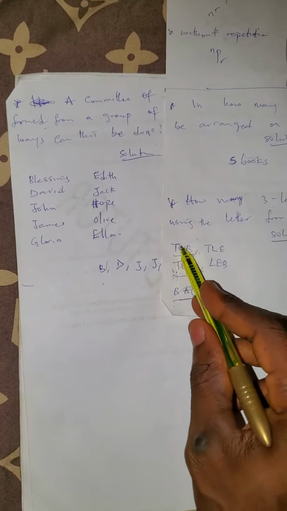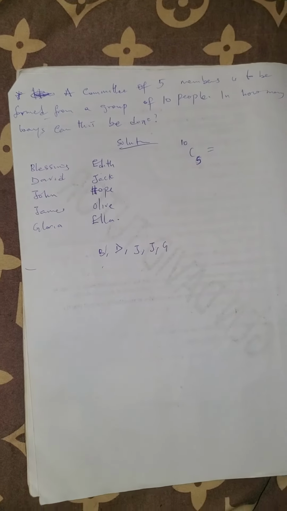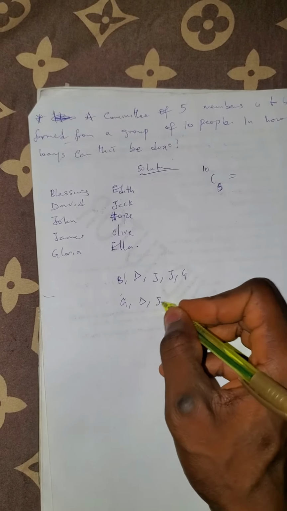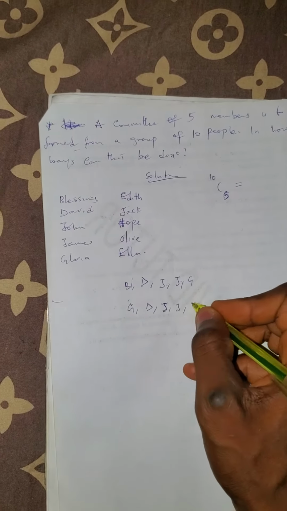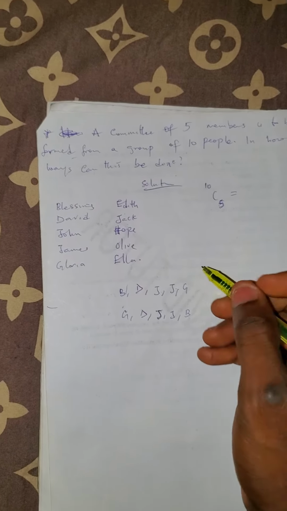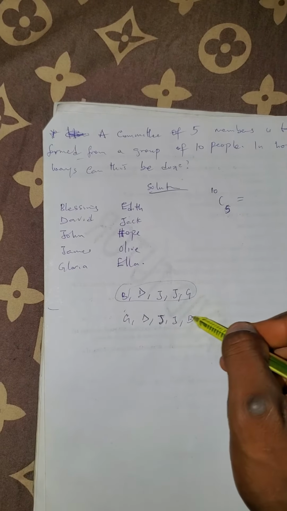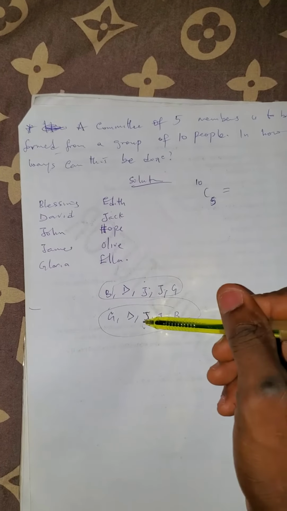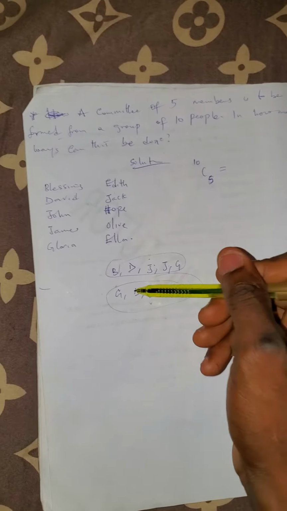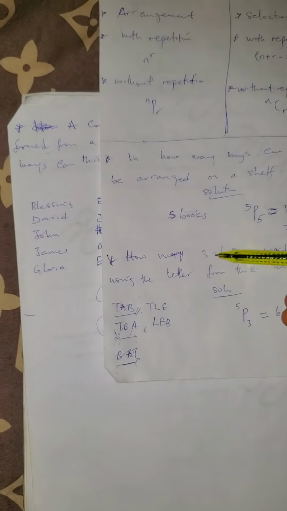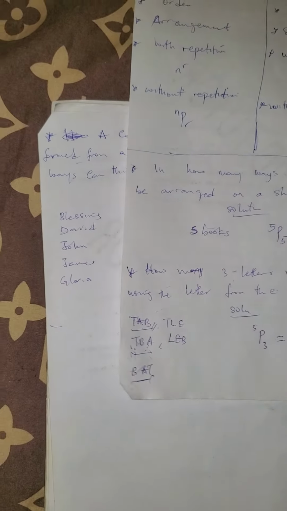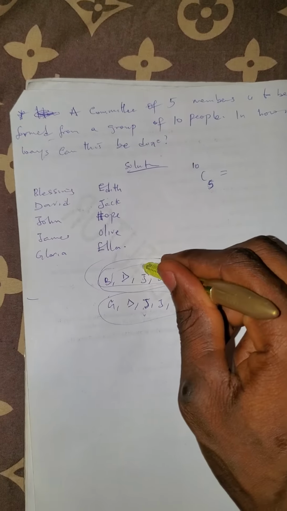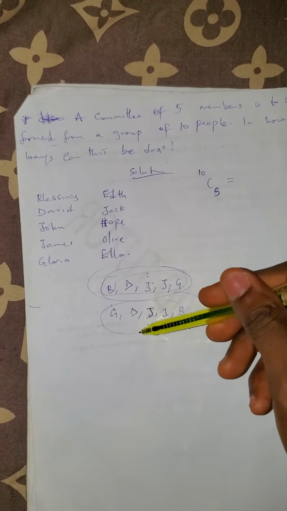But this one now, you still want to form, let's say Gloria, David, Jude, James, John, and Blessing. Now you can see that the same people that are here are the same people that are here. These are people, not like alphabet. If this is a committee, the same people that form this committee are these same people. So this one and this one are the same.